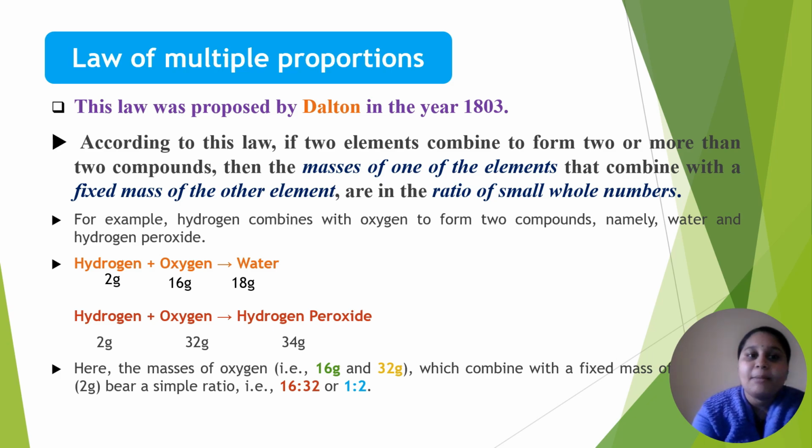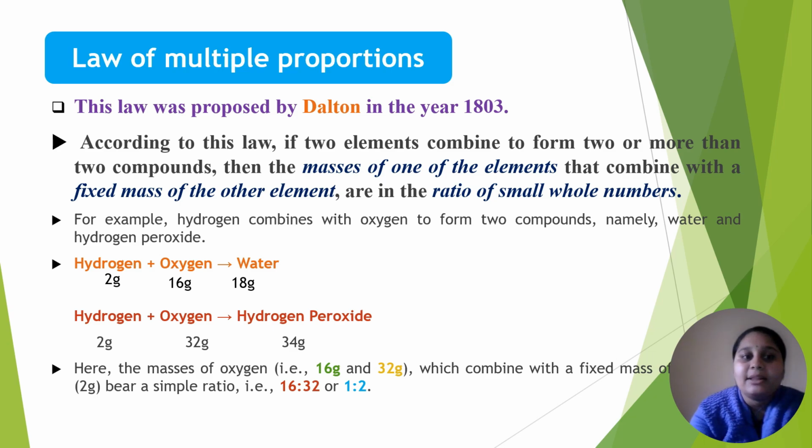So, for example, hydrogen combines with oxygen to form two compounds, namely water and hydrogen peroxide. Hydrogen plus oxygen gives water. So if hydrogen is 2 gram, oxygen is 16 gram, water is 18 gram.